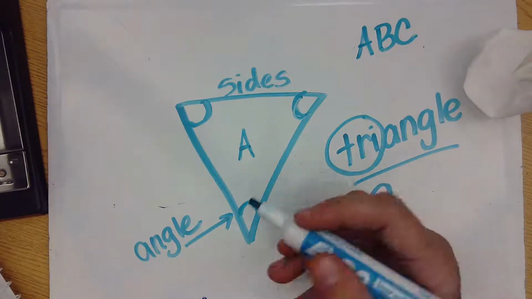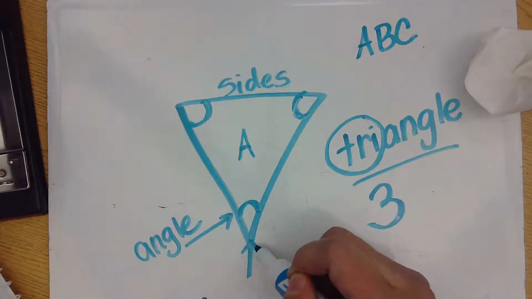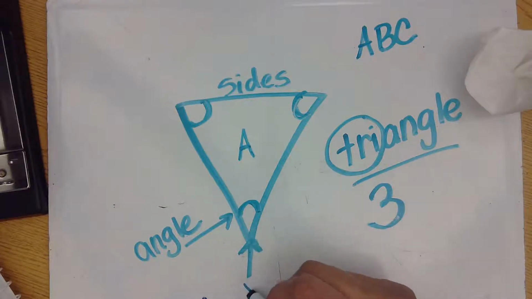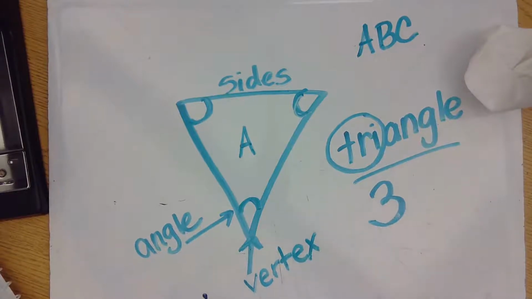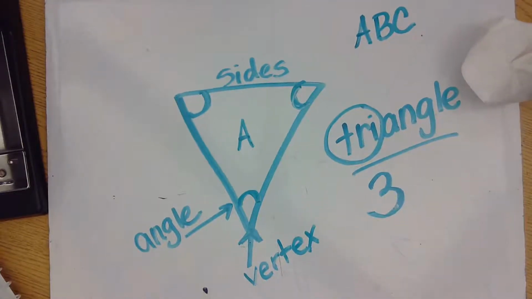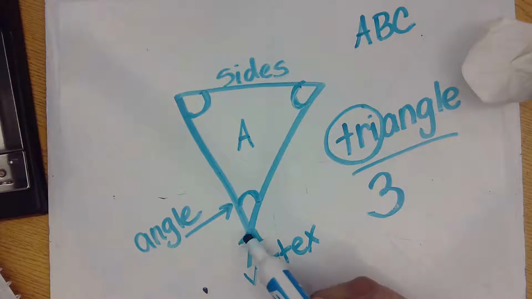Okay, the outside part of the corner, the tippy top of the corner, is called a vertex. Can you say vertex? Great. Vertex is what we call the corner. So the inside of a corner is called an angle, and the point of the shape is called a vertex.